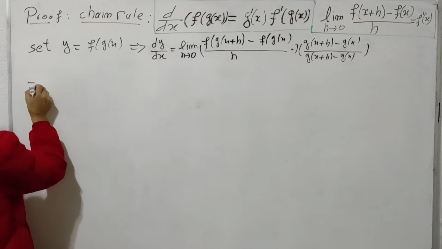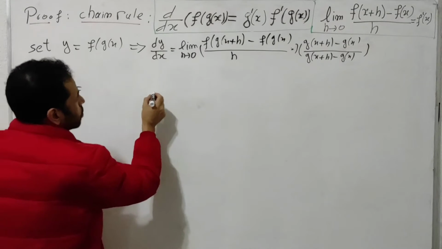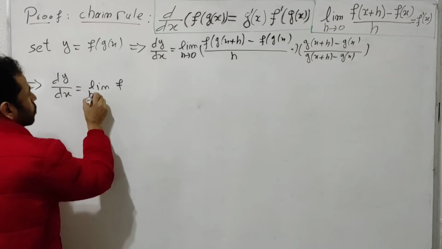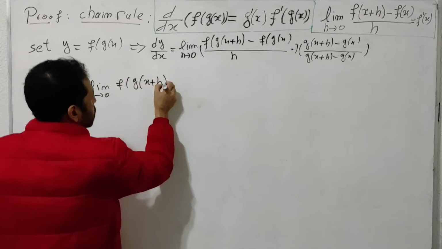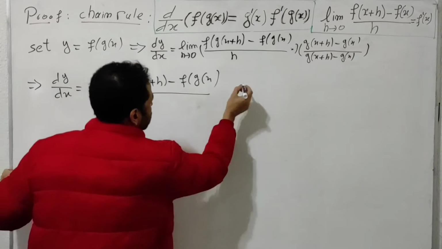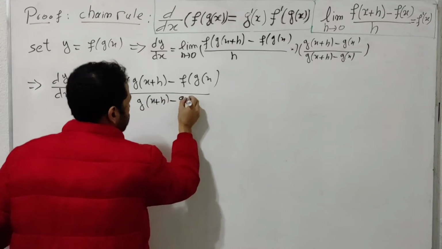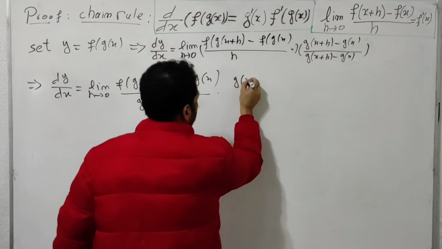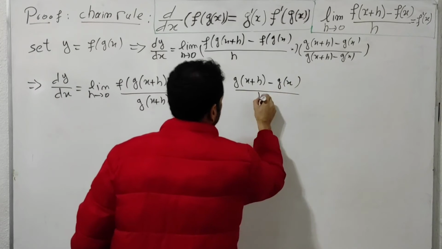So I will get dy over dx as the limit as h goes to 0 of f of g of x plus h minus f of g of x, divided by g of x plus h minus g of x, multiplied by g of x plus h minus g of x, divided by h.